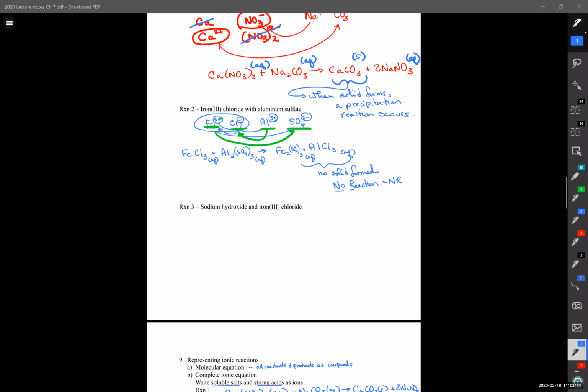And here's the reaction. And then you write this. Because it's a solid, you don't break it up. That's the precipitate in the beaker. You see an orange, yellow solid, almost like a gel, and it compresses.